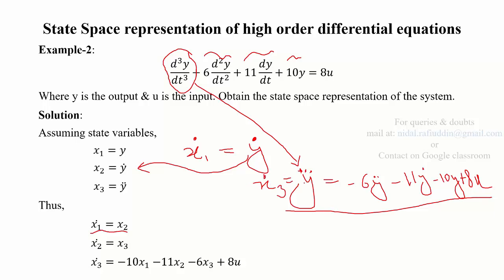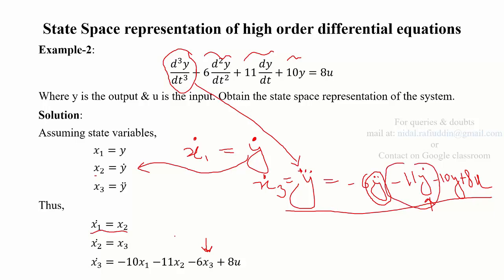So we'll try to convert the terms of y into state variables. Y double dot was assumed to be x3, so in place of y double dot, we are going to write x3. So it's written here, minus 6 x3. In place of y dot, you'll be writing state variable x2, so you get this term as minus 11 x2, which is written over here.